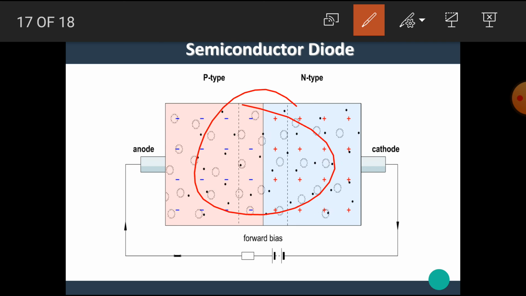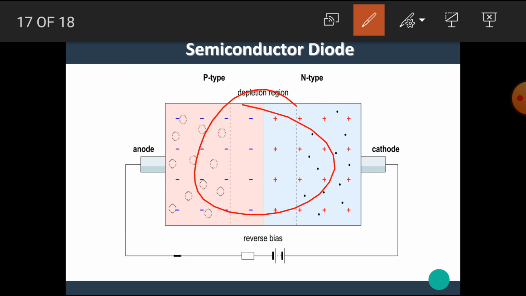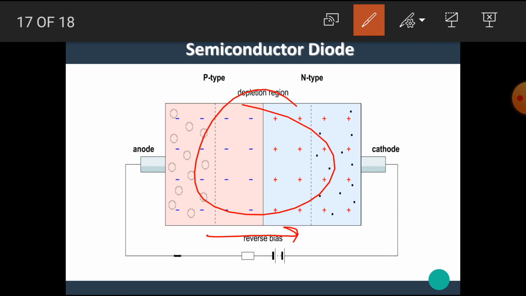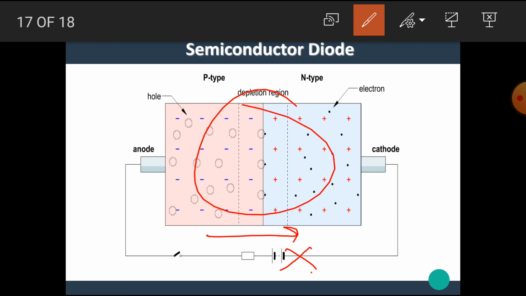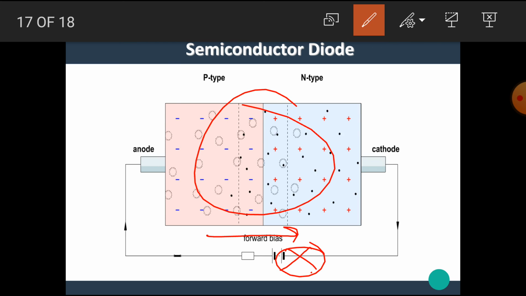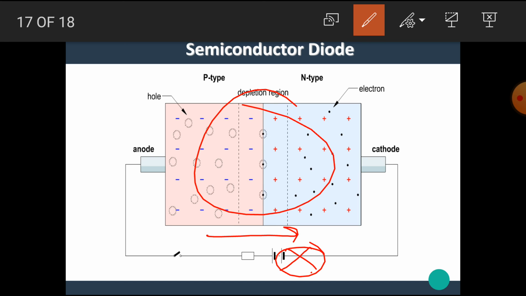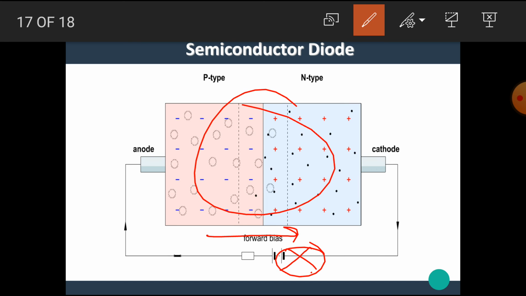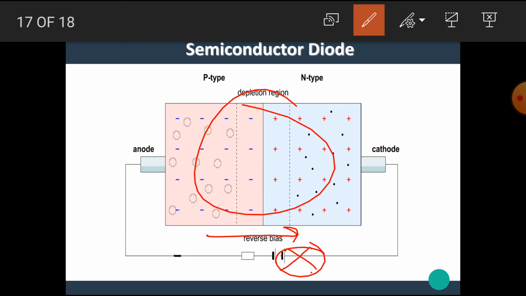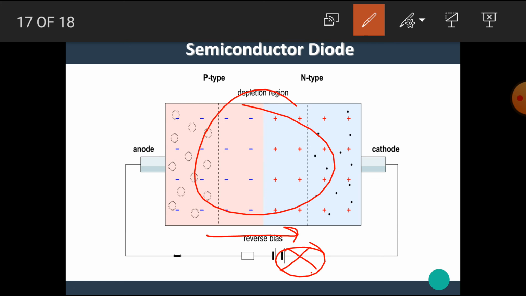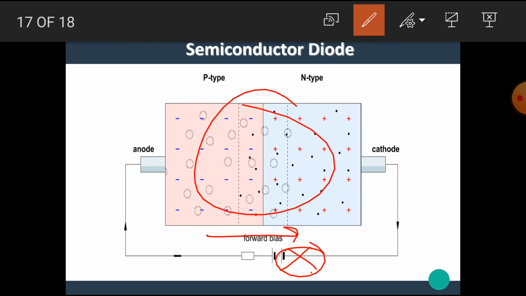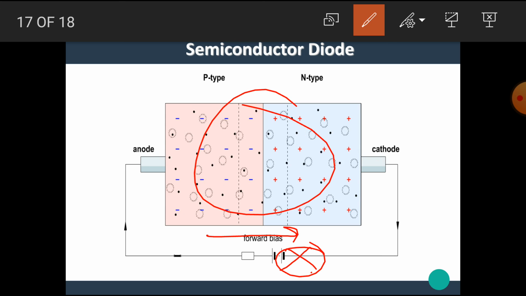That means in forward bias mode the diode conducts, and in reverse bias mode the current cannot flow through the diode. Hence the diode is called a unidirectional device. Due to this property, the diode is unidirectional in nature. Hence the diode can be used as a switch.